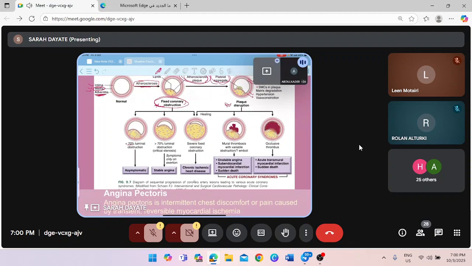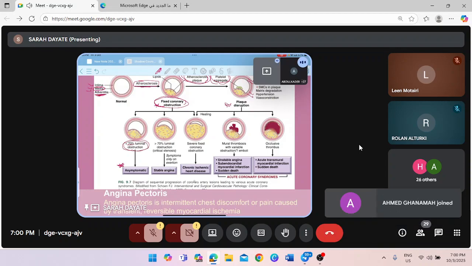If there is less than 70% luminal obstruction, we call it asymptomatic. The patient in this case will not have nausea or tiredness. You will feel that this is normal, or let's say it's silent, because the heart and blood vessels are still able to function.